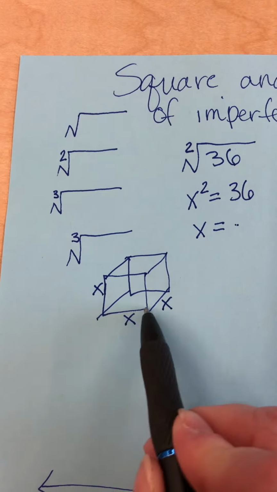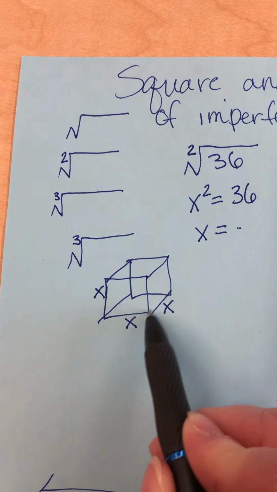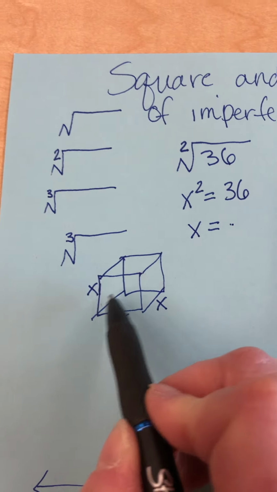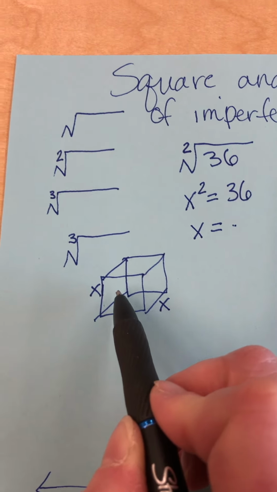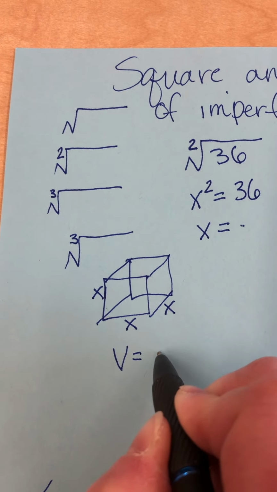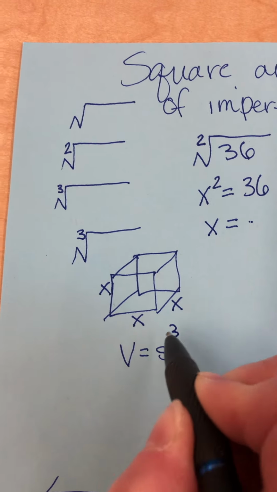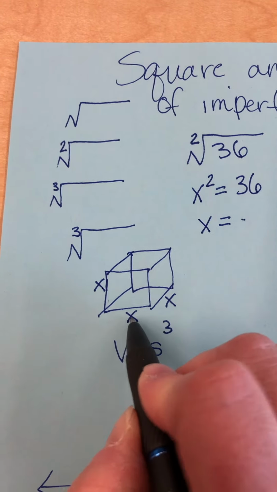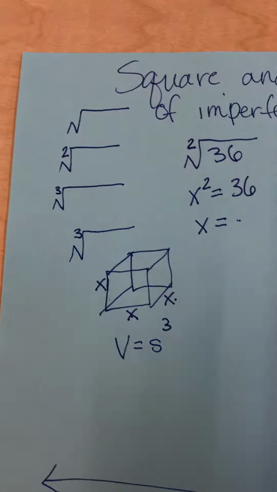So you have one here, and it goes back here, so length and width, and then you have a height. This is volume when we're looking at this. So remember that the volume of a cube is your side cubed. So this length of the side times itself 3 times, not times 3.